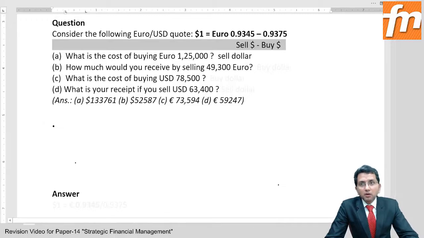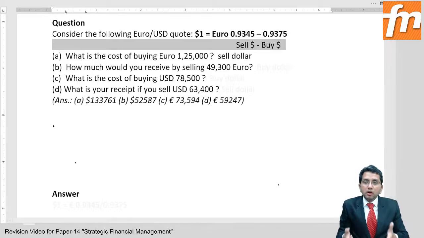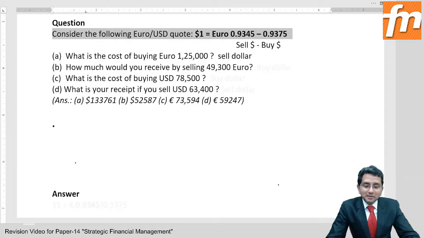So sell what or buy what? Yen or euro or dollar or Indian rupees or pound or what? Australian dollar or Canadian dollar? What can I buy? What can I sell? See, the exchange rate is given for $1. It means we are talking about buying and selling dollar.